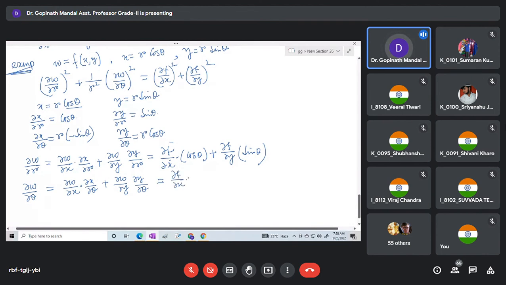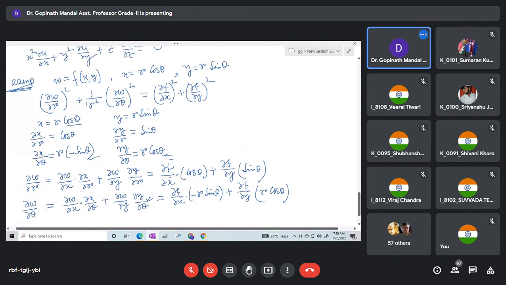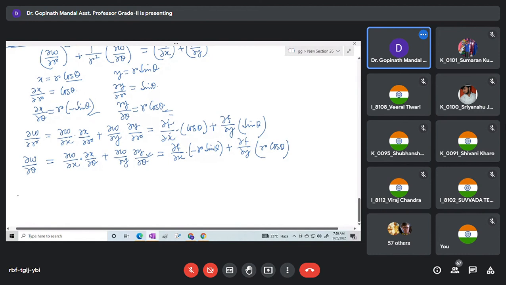So that is ∂f/∂x and ∂x/∂θ, which is minus r sin θ, plus ∂f/∂y into ∂y/∂θ, which is r cos θ. Now 1/r ∂w/∂θ will be equal to 1/r times this, so minus ∂f/∂x sin θ plus ∂f/∂y cos θ.